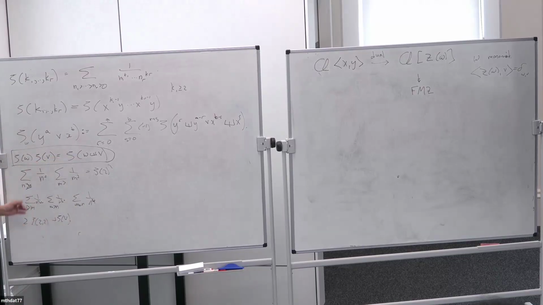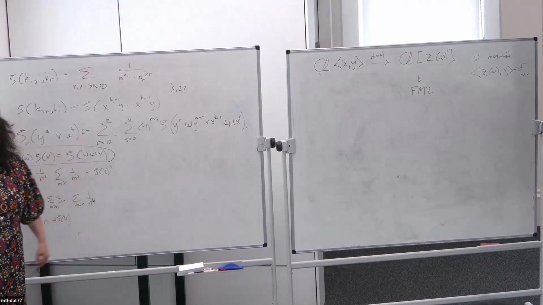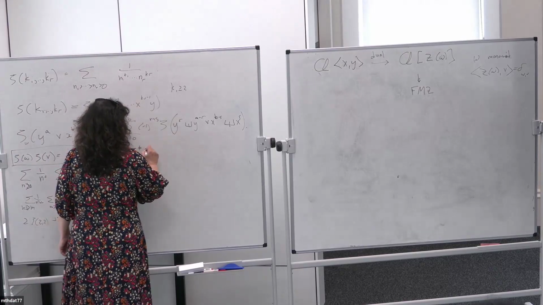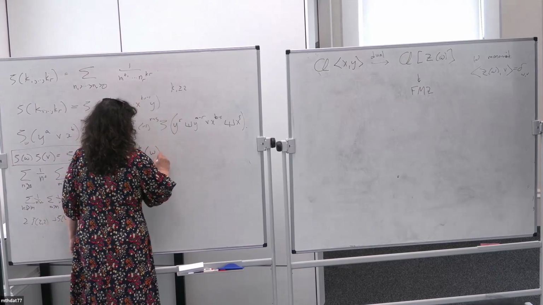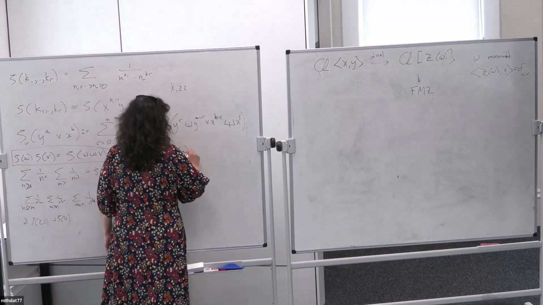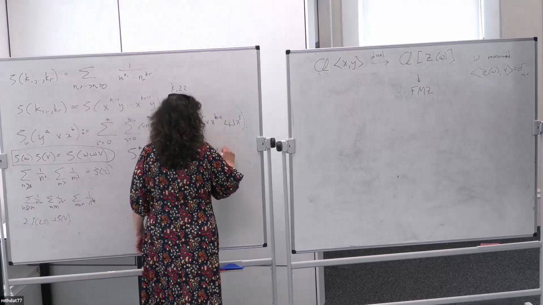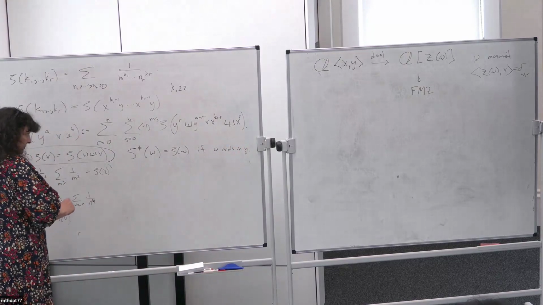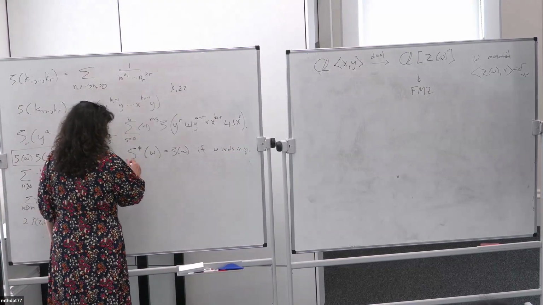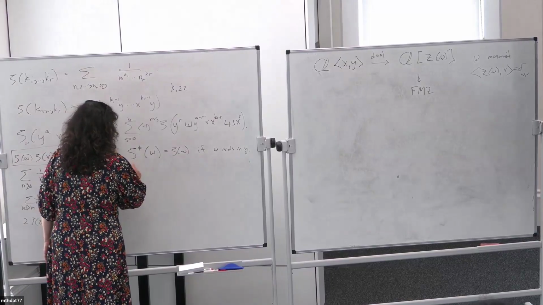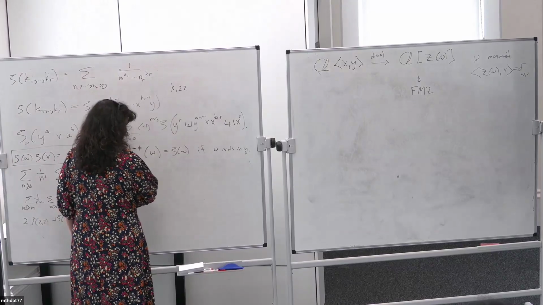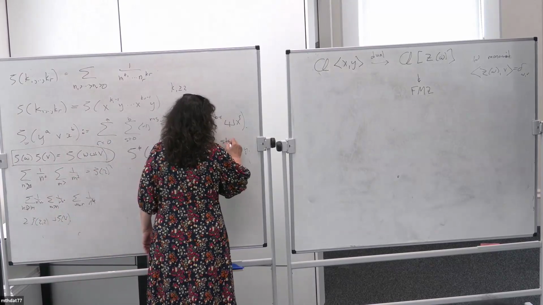So it's the other multiplication rule called stuffle, which Ulf was also talking about. And I'm going to very quickly, in one line, just remind you there's also a stuffle regularization. So you define this on convergent words, in fact all words, if w ends in y. And then there's a formula, if w is convergent, I should say, starts in x and ends in y.